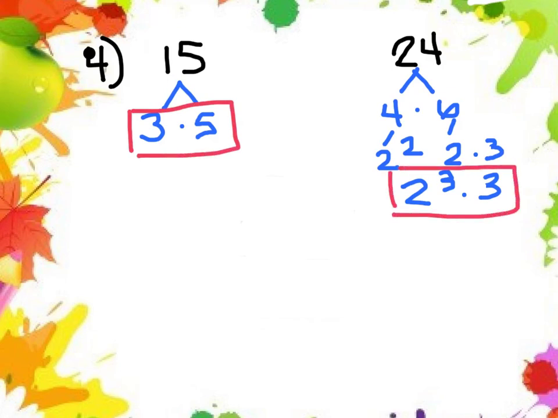The next question is, what is my greatest common factor? The greatest common factor of these two is what is common on both. What is common on both is the 3.